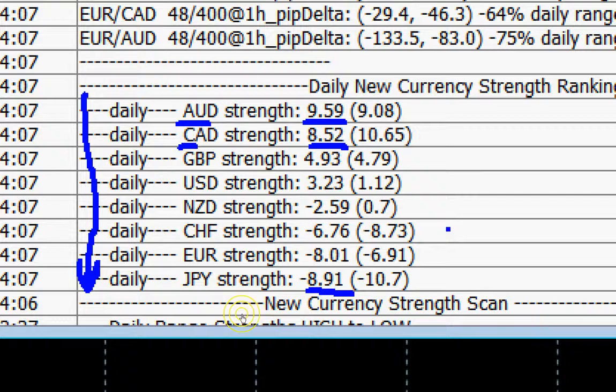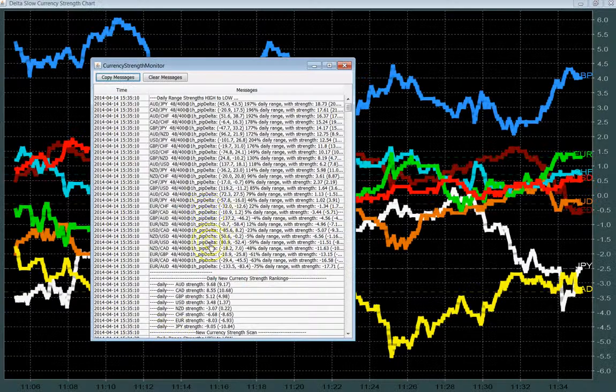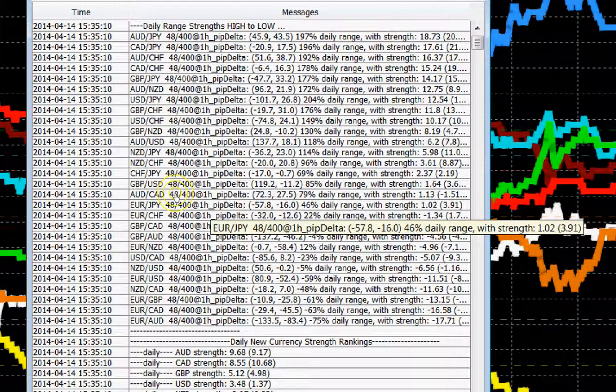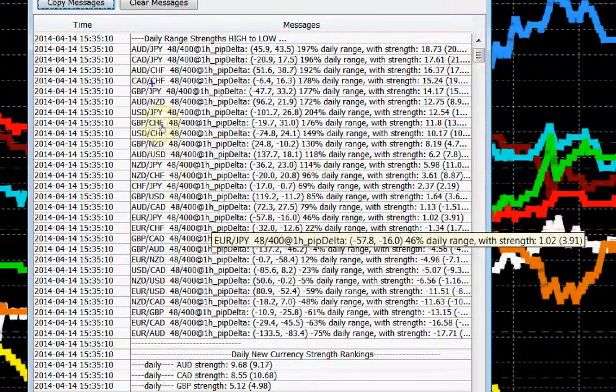So we have the ability to give you this information in a tabular format. And we can also look at each individual currency pair. So let's say, for example, euro US dollar, which is something that most of you are familiar with, if I can find it here. So here's euro US dollar.